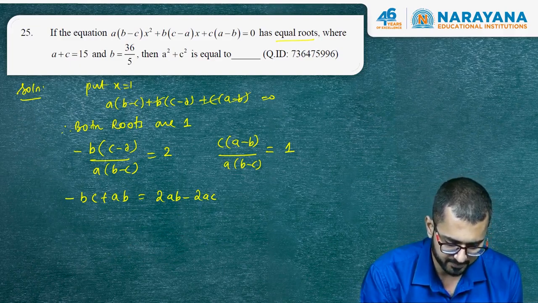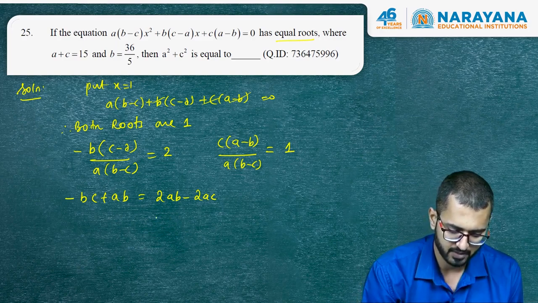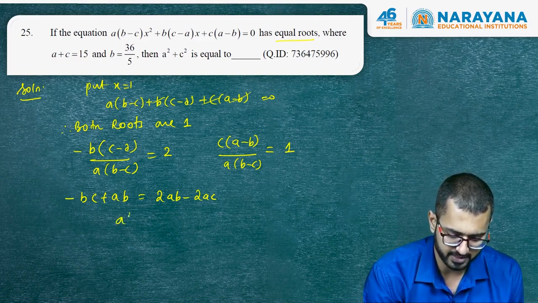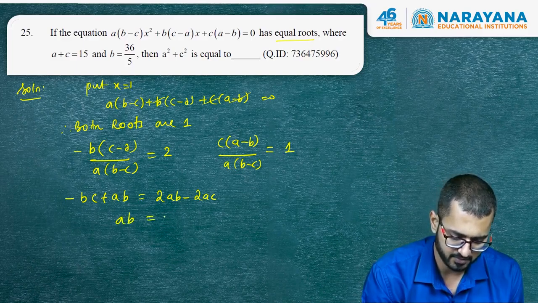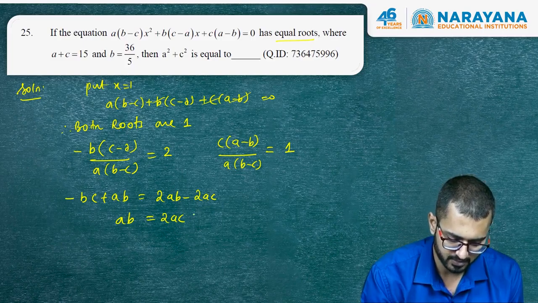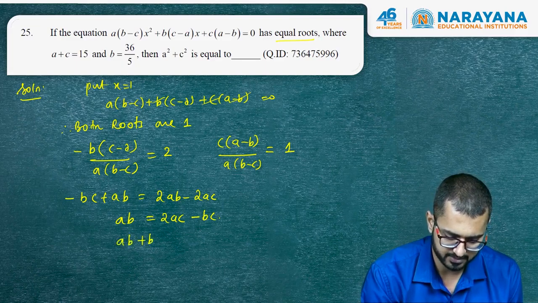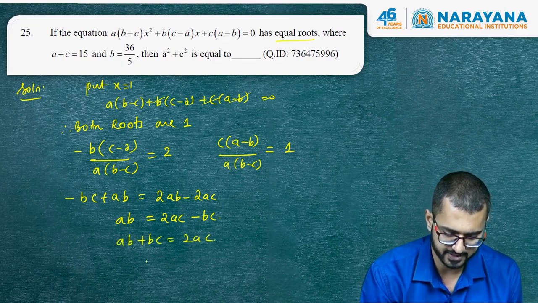Minus BC plus AB is equal to 2AB minus 2AC. So let's bring this one here. AB will be equal to, this will go to that side, it will become 2AC and then minus BC. So we can write here AB plus BC is equal to 2AC. Now B we can take common, and it will turn out to be B times A plus C is equal to 2AC.